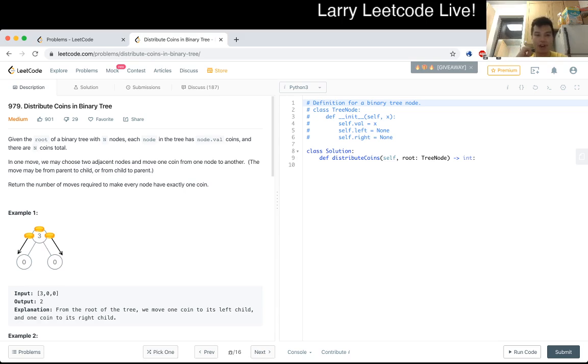So my initial thought on this one would be to count how many coins the left subtree needs, and then count the number of coins the right subtree needs, and then distribute them that way. And that function is just the number of total coins in the left subtree and the right subtree.